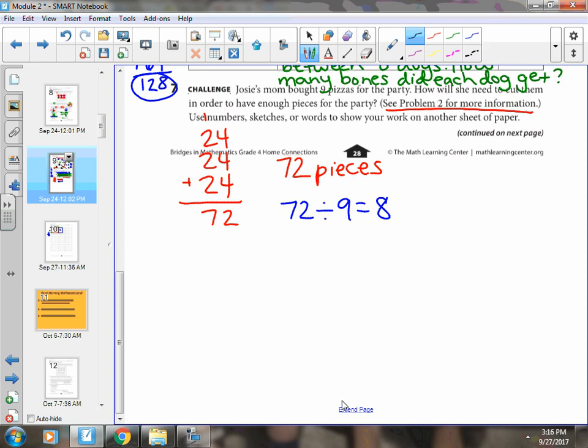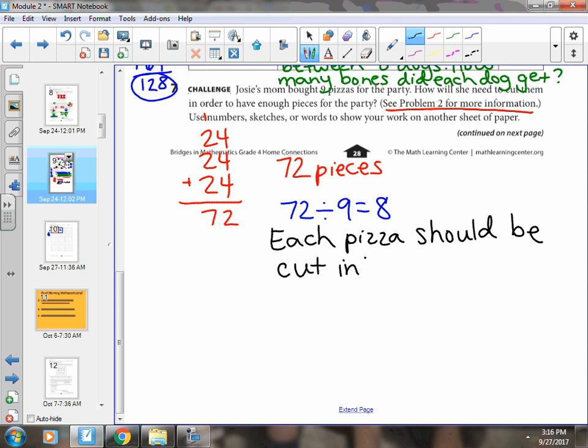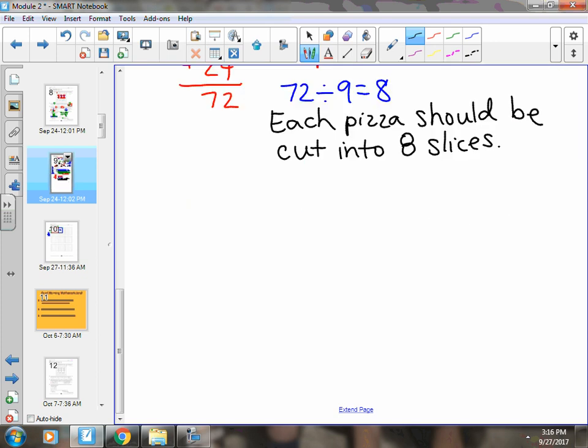So let me write that down. Each pizza should be cut into 8 slices, or 8 pieces. I always find pictures to be very helpful when working with fractions and when working with story problems.